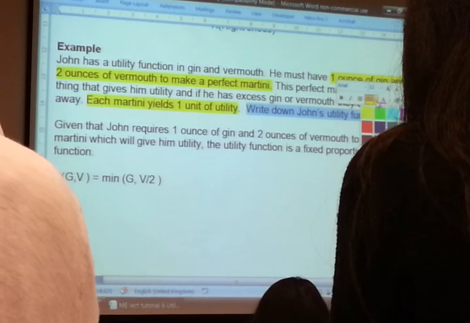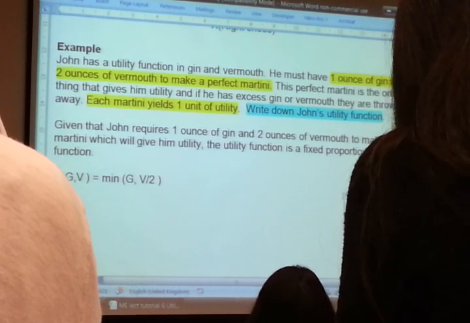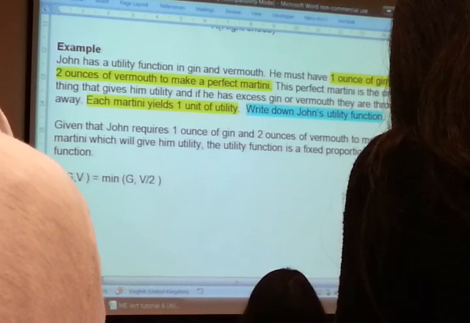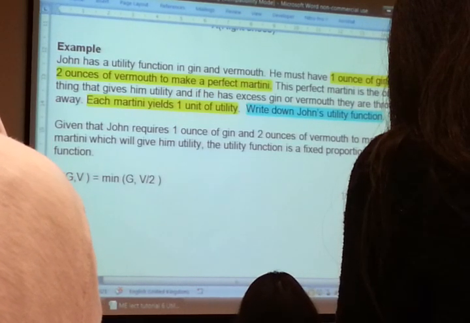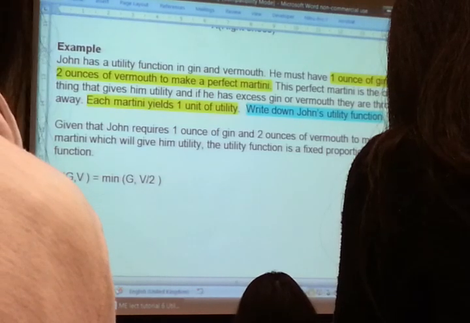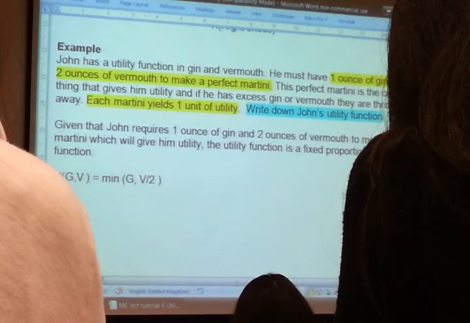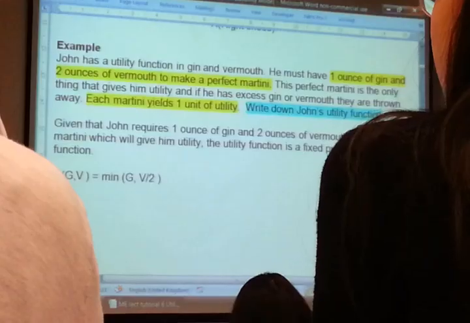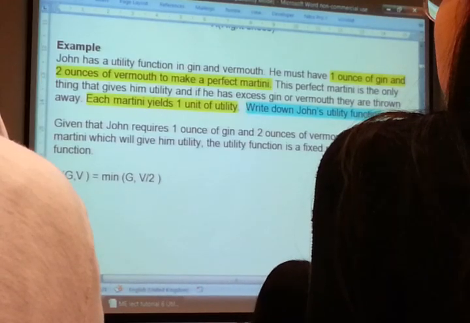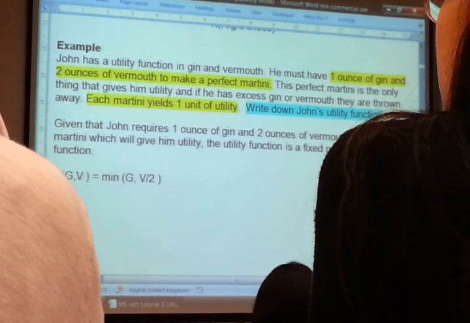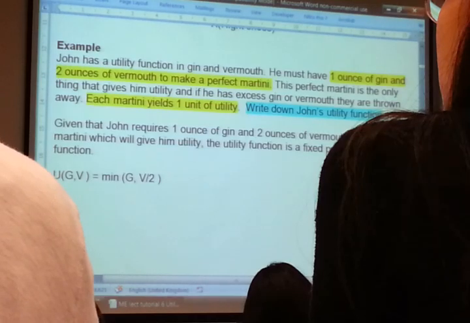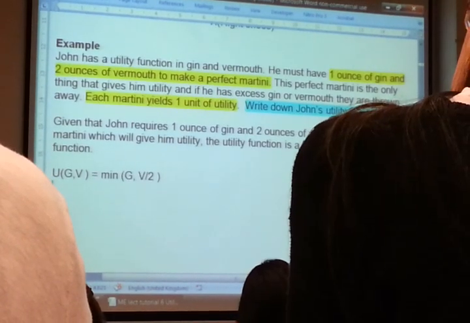Write down John's utility function. How do you write it? First, these two things, G and V, are they perfect substitutes, perfect complements, or imperfect substitutes?